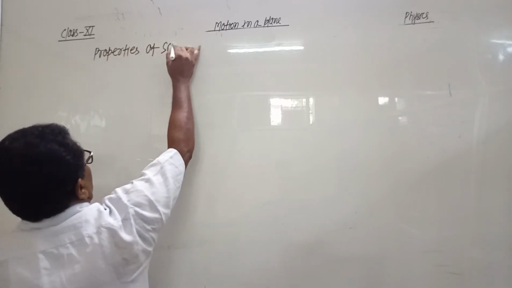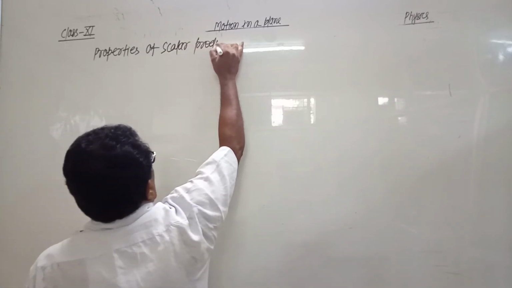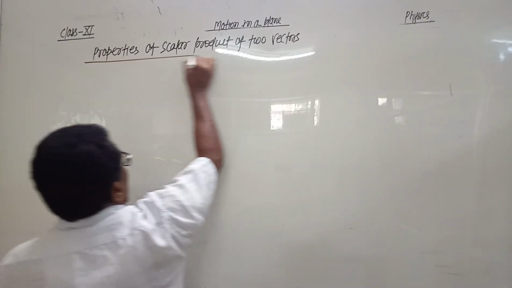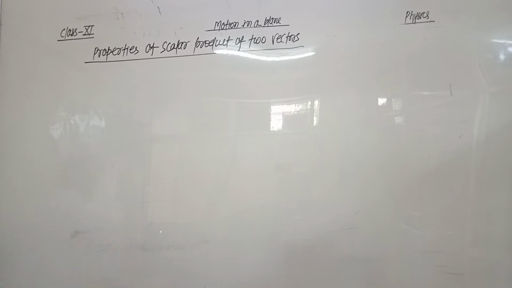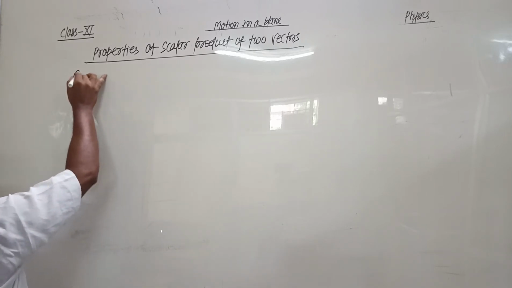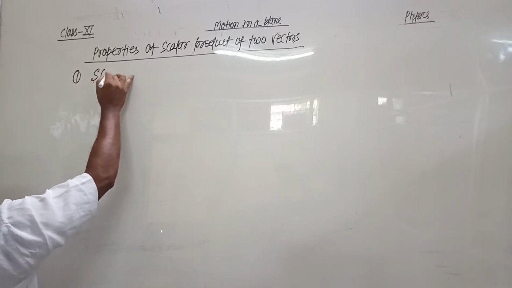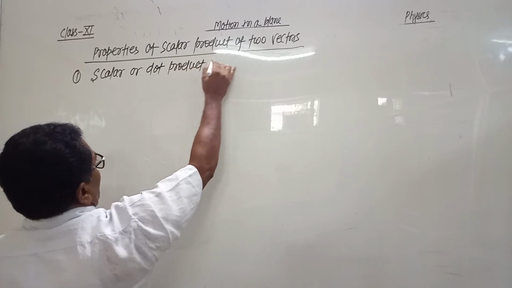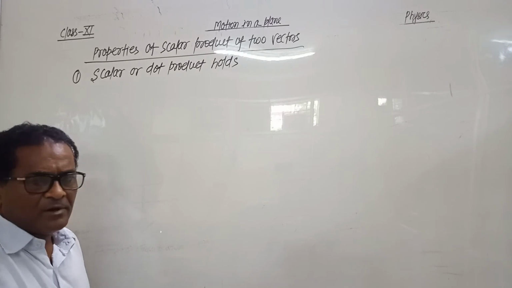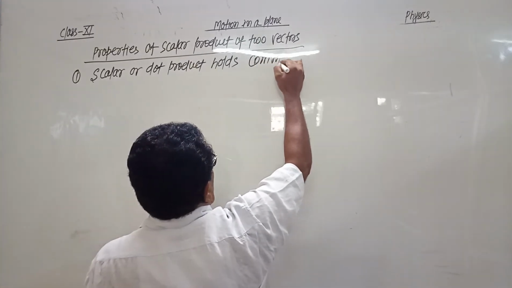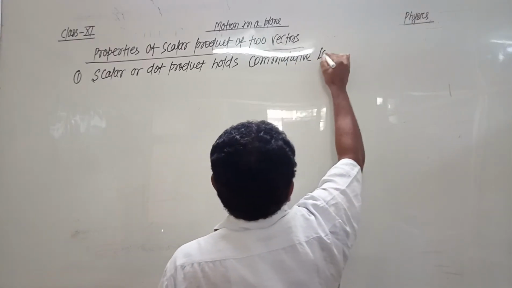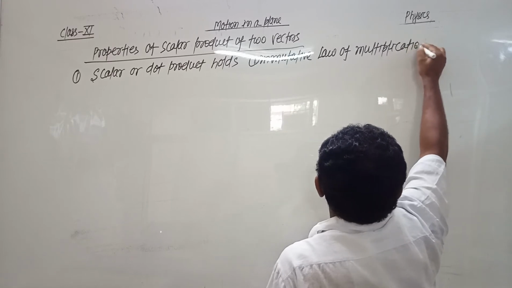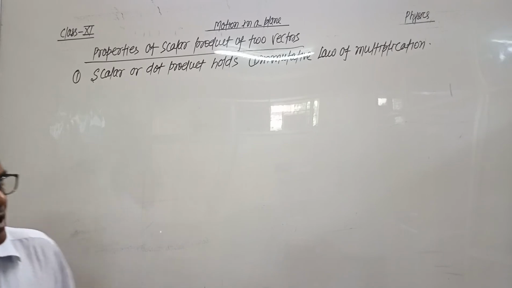The first property is that the scalar or dot product holds the commutative law of multiplication.